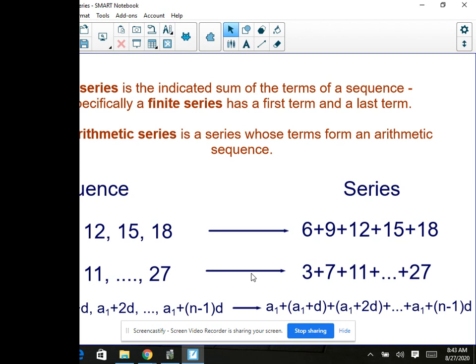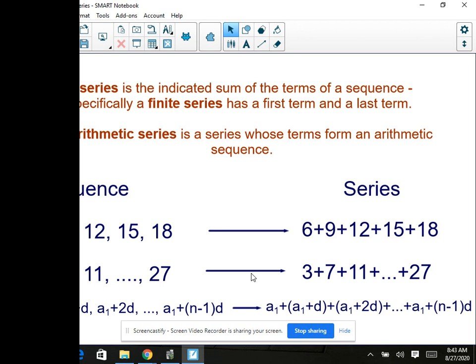So, a series is just taking the sequence and adding it together. A series is just the sum of a sequence. If I take this sequence over here, 6, 9, 12, 15, 18, that's a sequence.